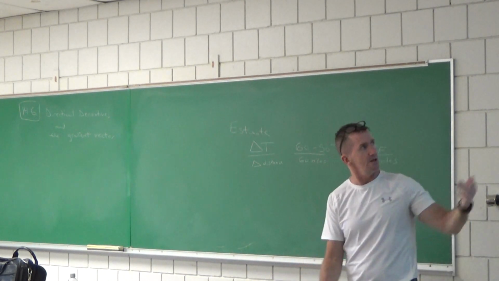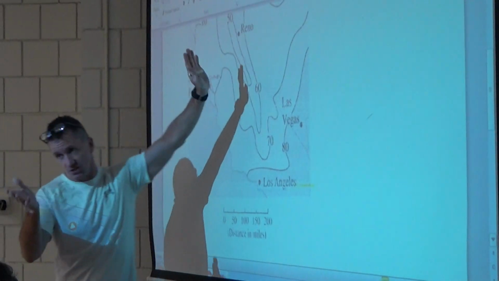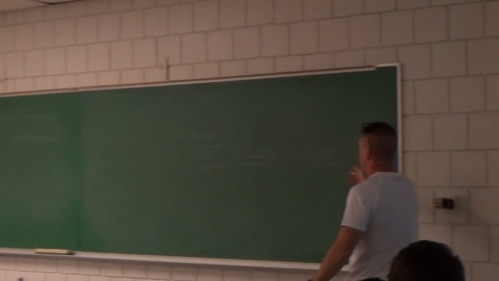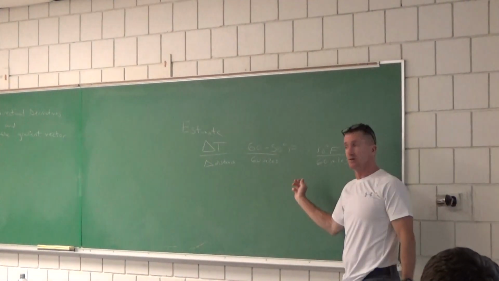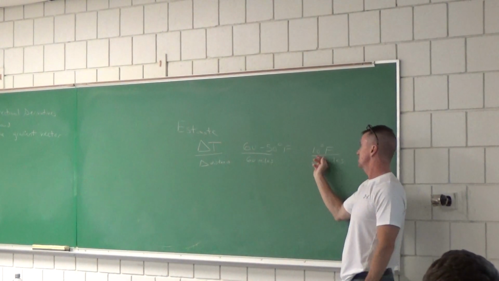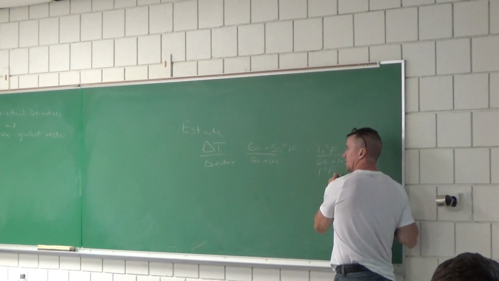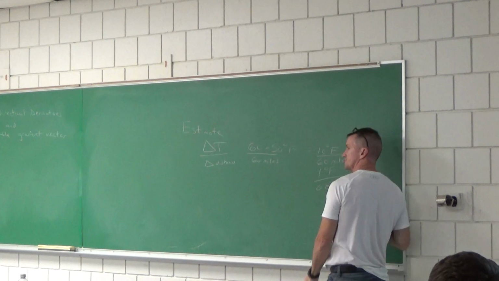So the directional derivative at Reno in the direction of Las Vegas is roughly 10 degrees Fahrenheit per 60 miles. It's increasing that much. And you can reduce that to 1 degree Fahrenheit per 6 miles traveled.